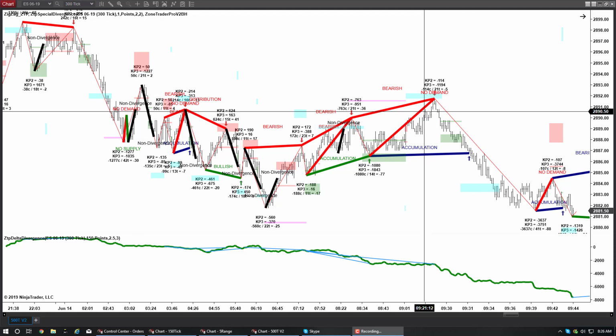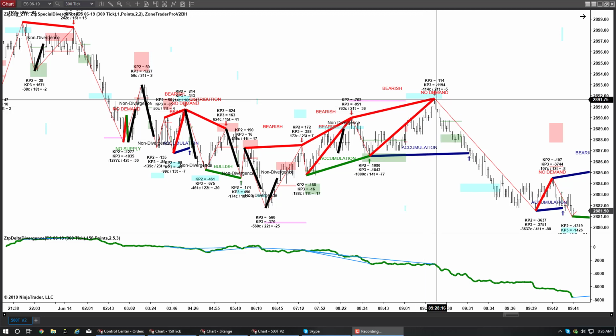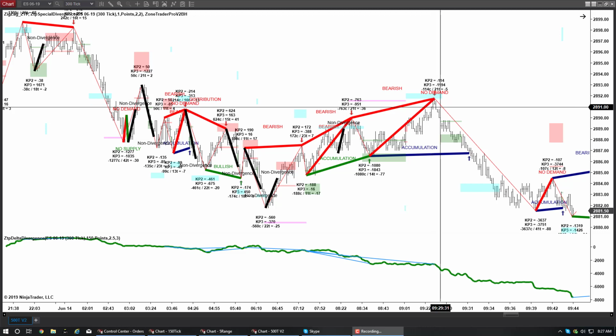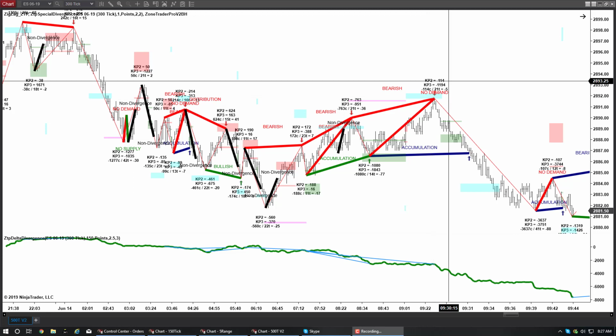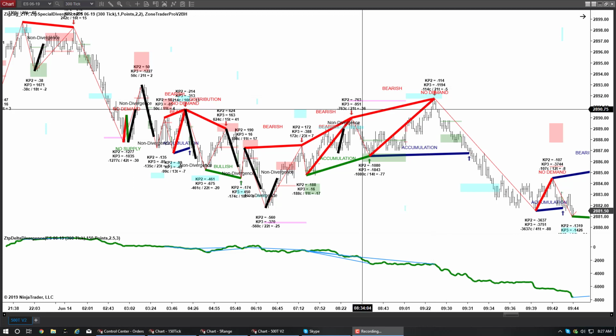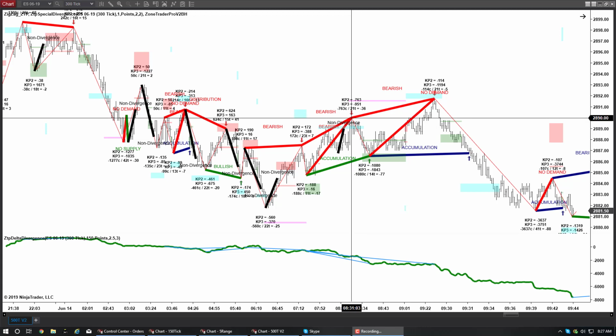And that is why we need both the delta strength and the order flow to look to confirm these bearish trades right here. Now that we have the KP3 number, which is reflecting the number of contracts from this point here, that may make that a little bit easier on when to take and when not to take a straight divergence trade.